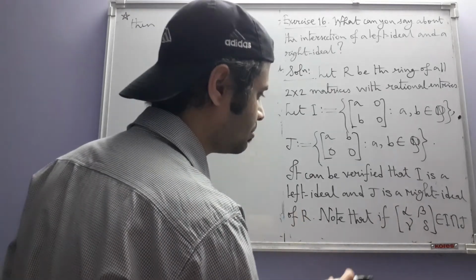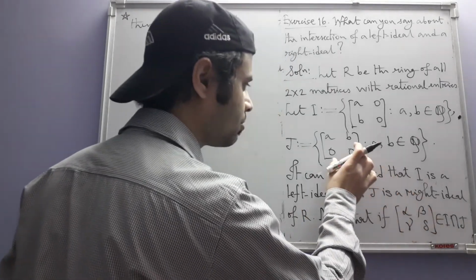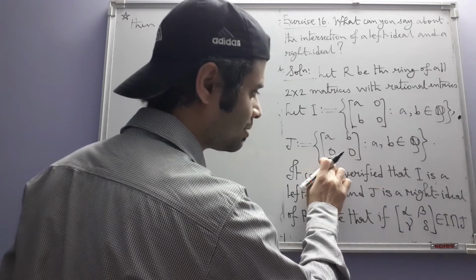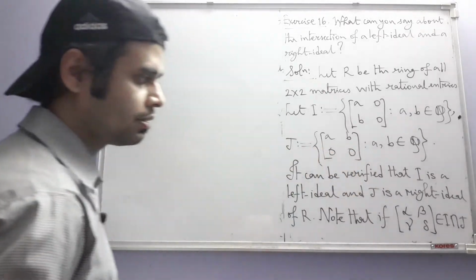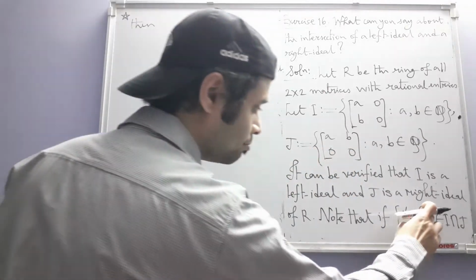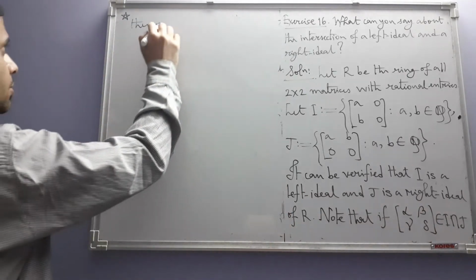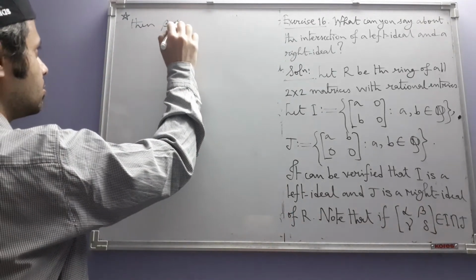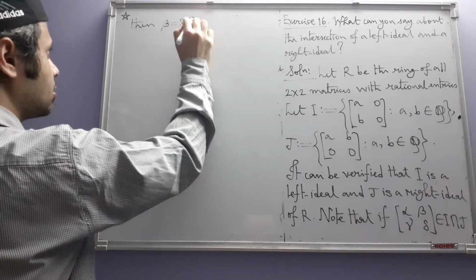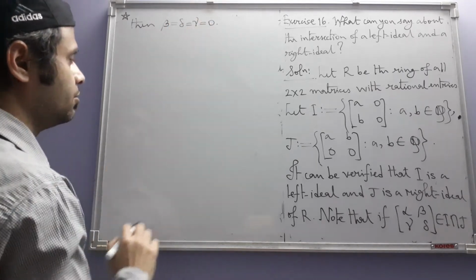At the same time, this matrix has to also be like this. That means delta and gamma have to be equal to 0. So beta, delta and gamma must be 0.